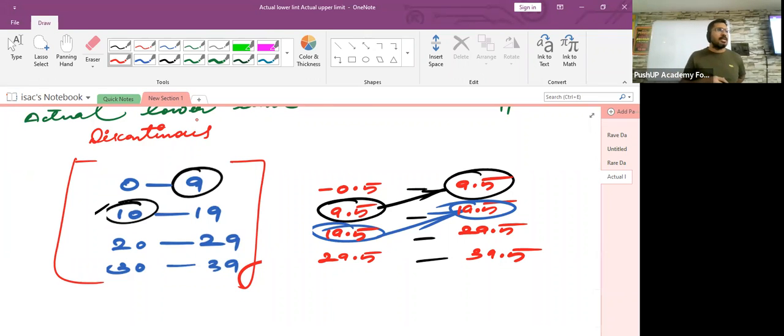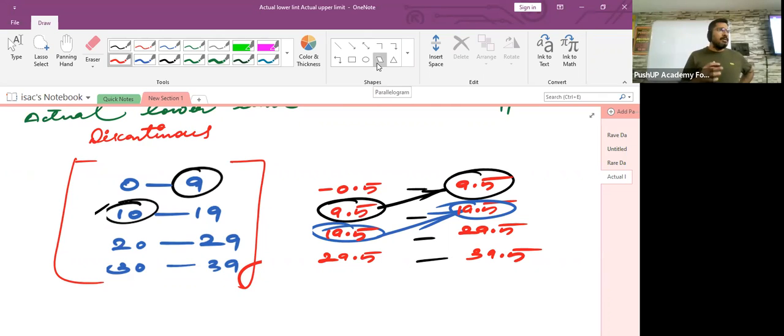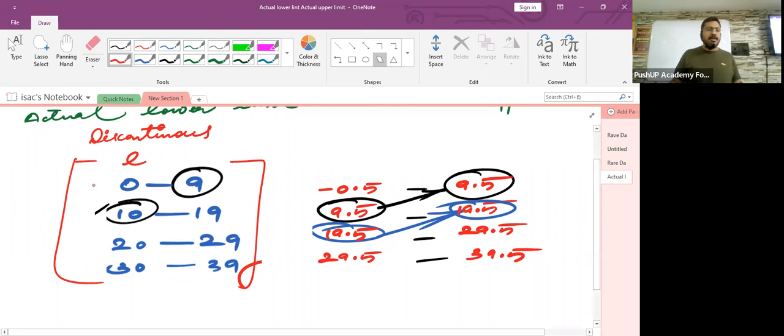Now, if you ask me what are the upper and lower limits for this discontinuous class interval, the answer would be 0 as the lower limit, 9 as the upper limit, 10 as the lower limit, 19 as the upper limit, 20 as the lower limit, 29 as the upper limit, 30 as the lower limit, 39 as the upper limit. Are you getting it?